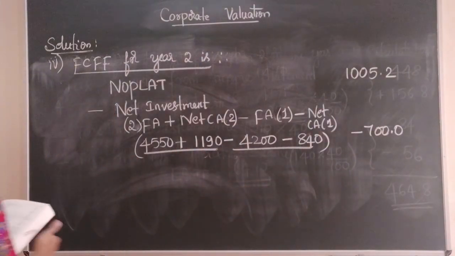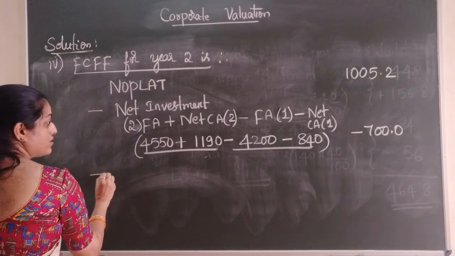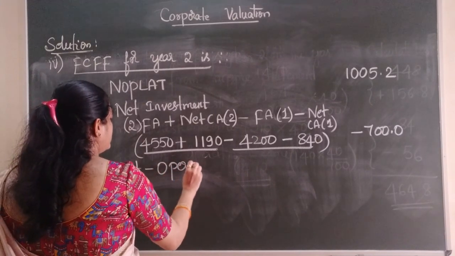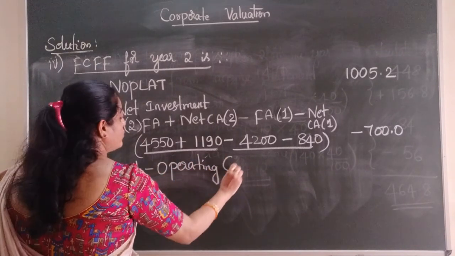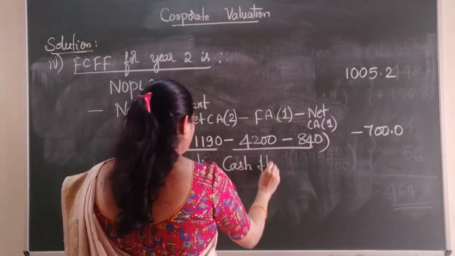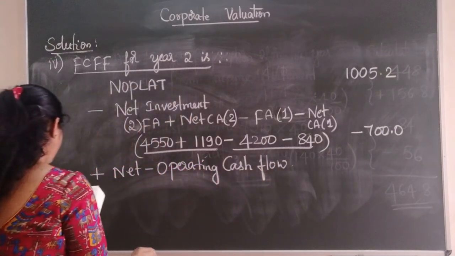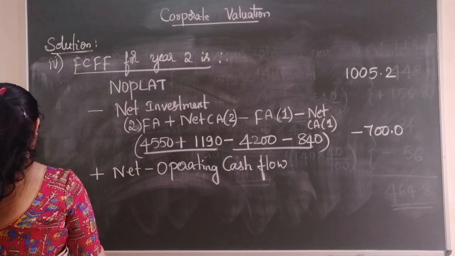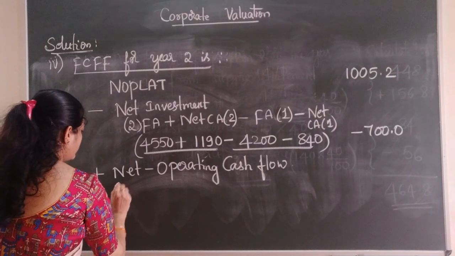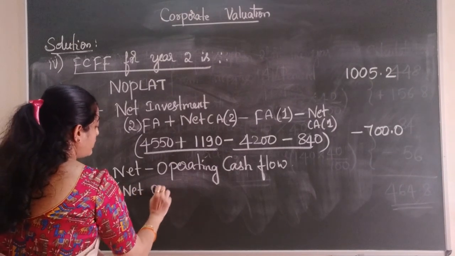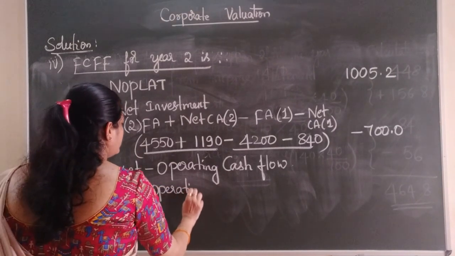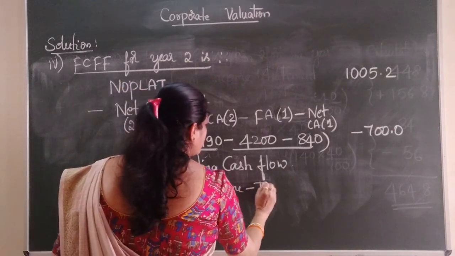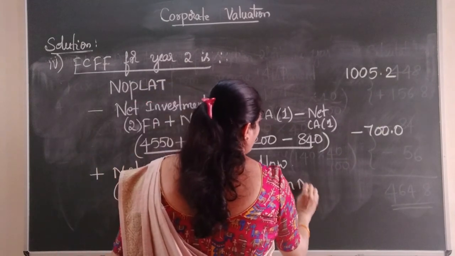Next, after finding this, next is plus net operating cash flow. Net operating cash flow is net operating income minus tax on net operating income.